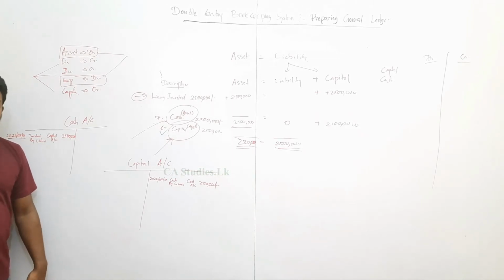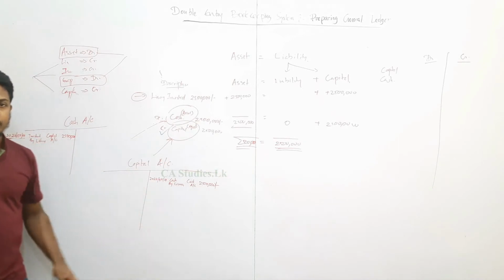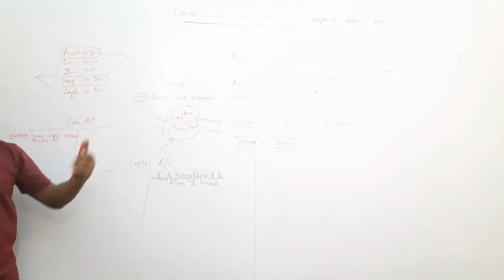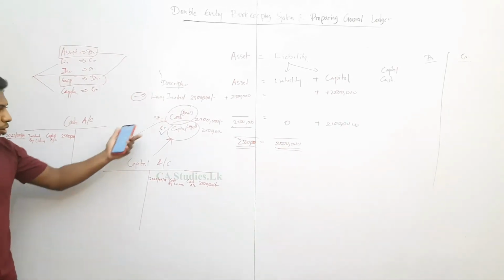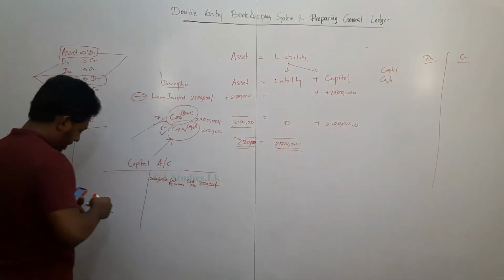Now what will you do? You will take this again. Now the 2.5 million is duplicated, meaning you have taken it 2 times, so your trial balance will not tally. Always tick your double entry.